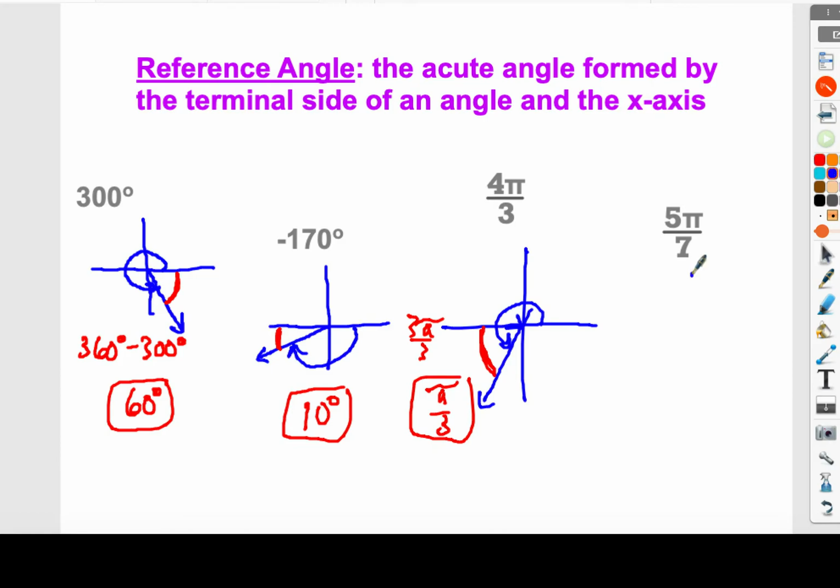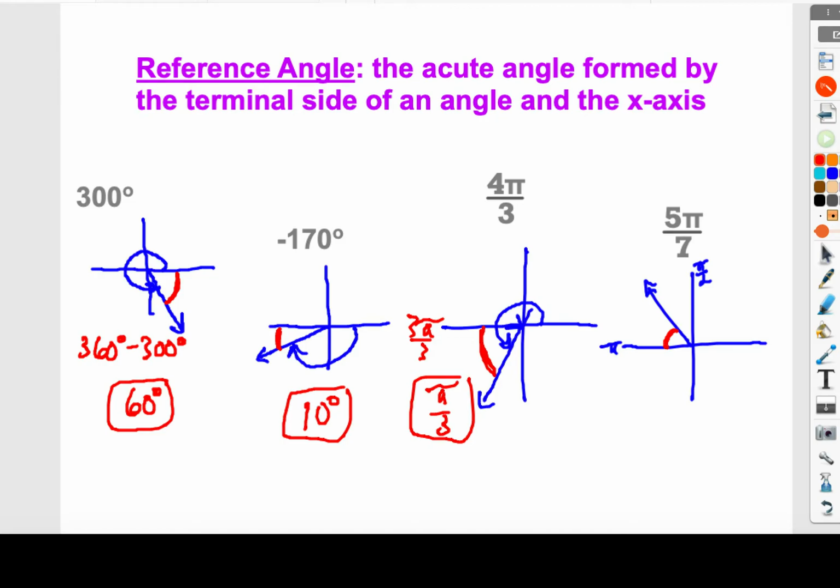So let's do one more very quickly here. 5 pi over 7. Well, 5/7 is less than 1, but greater than 1/2. So if I remember that this is pi over 2, half pi, and this is 1 pi, 5/7 of pi is going to be somewhere in the middle of there, right? So it's going to be somewhere out in this area. All that really matters is I'm looking for the angle over here.